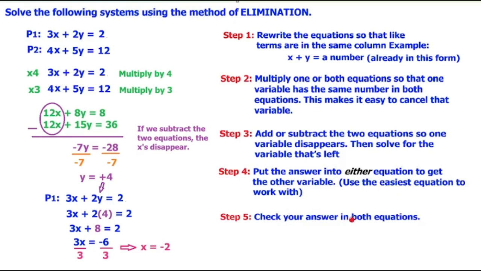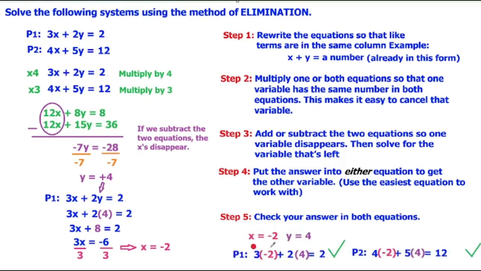Now we can check our answers in both equations because we've solved for x and for y. So we know x is negative 2, y equals 4. So we take our original two equations, we rewrite them, but this time, instead of the variables, we put in the numbers that we know the variables are.